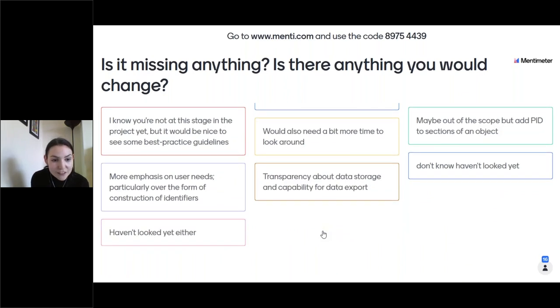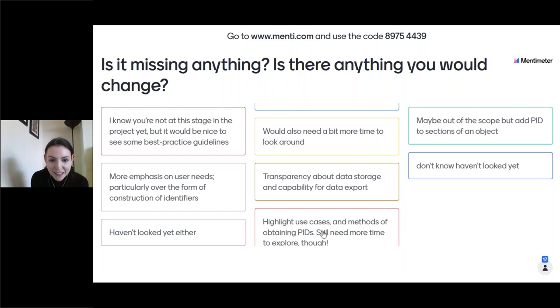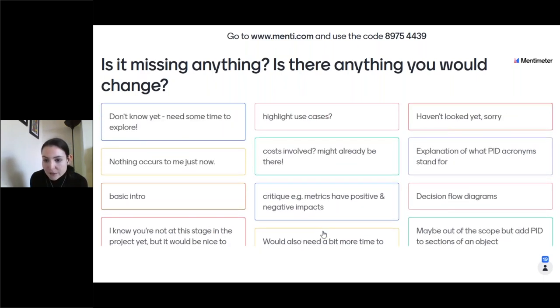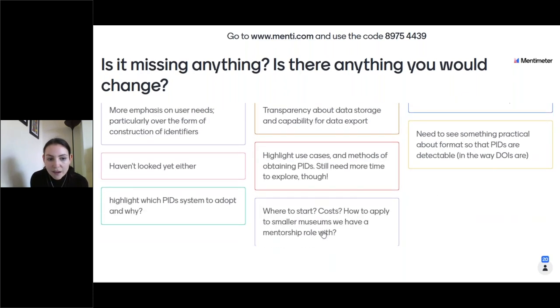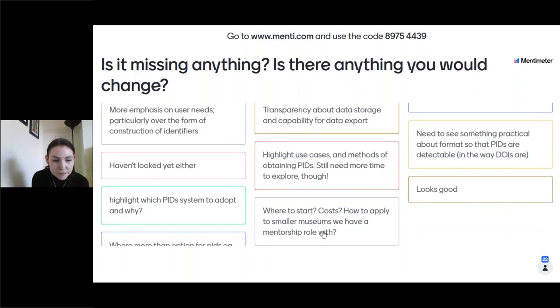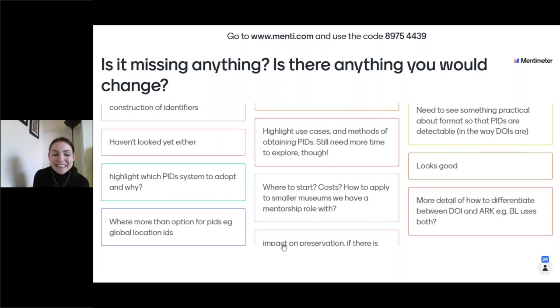Yeah, so lots of interest in guidelines, use cases, etc. Definitely have that as something to cover in the future. Highlight which system to adopt and why. Now that's going to be really challenging to do, but we can definitely see what we can do about that.